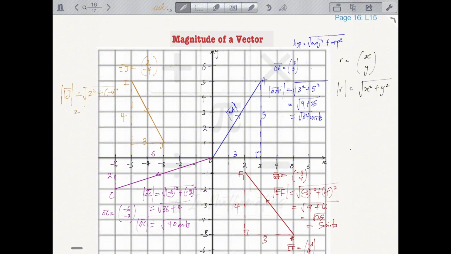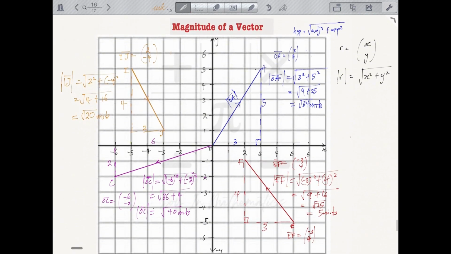So this will give us 4 plus 16, and this will result in root 20 units.